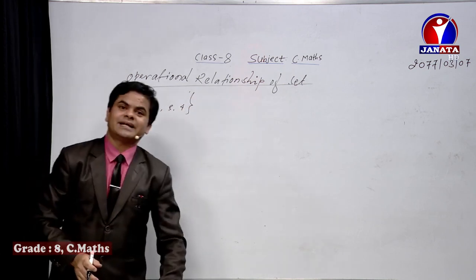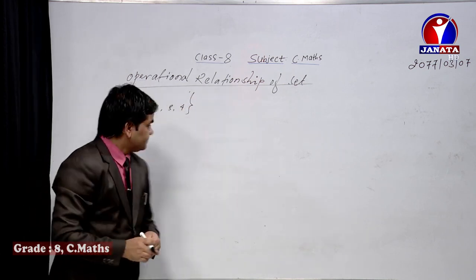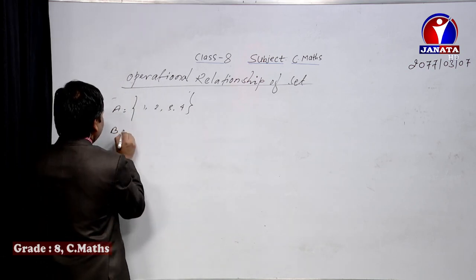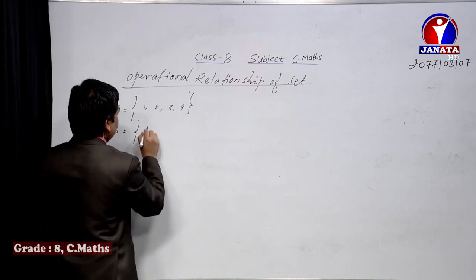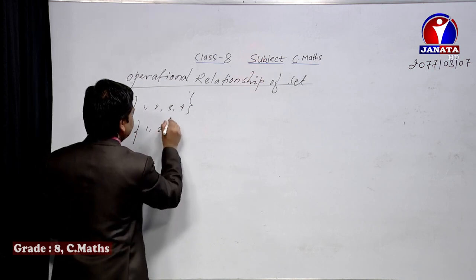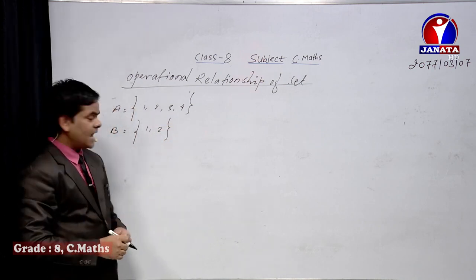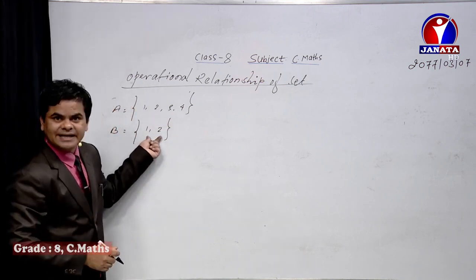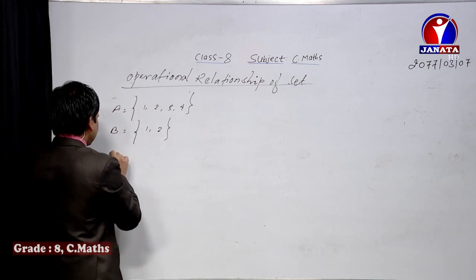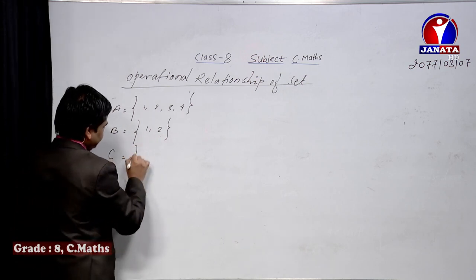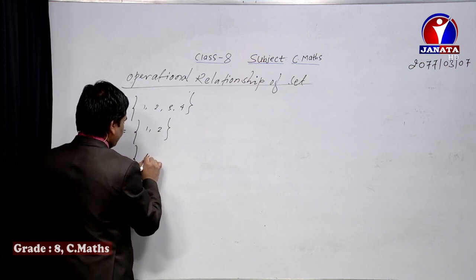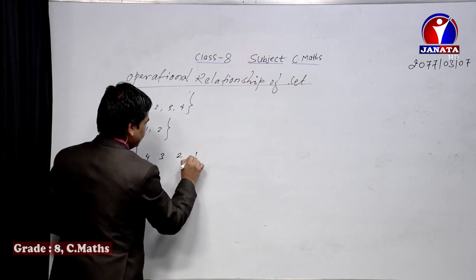Let's take a simple example. And let's take another set B with elements 1, 2, just 2 elements. And then let's keep another set C, having elements 4, 3, 2, 1.